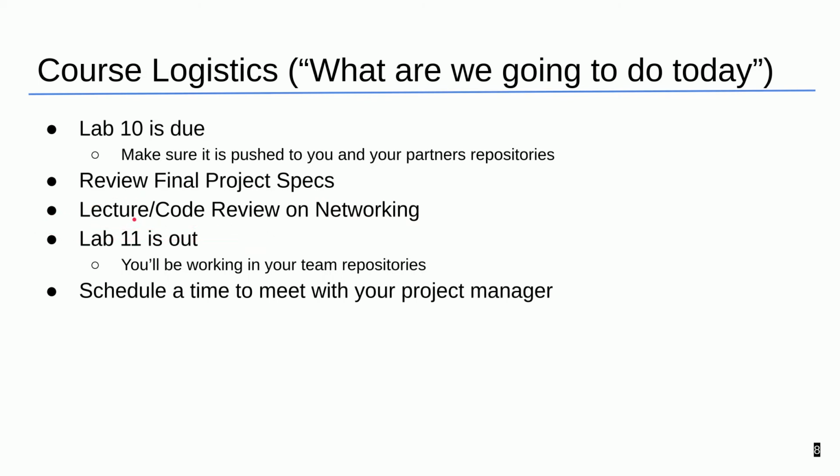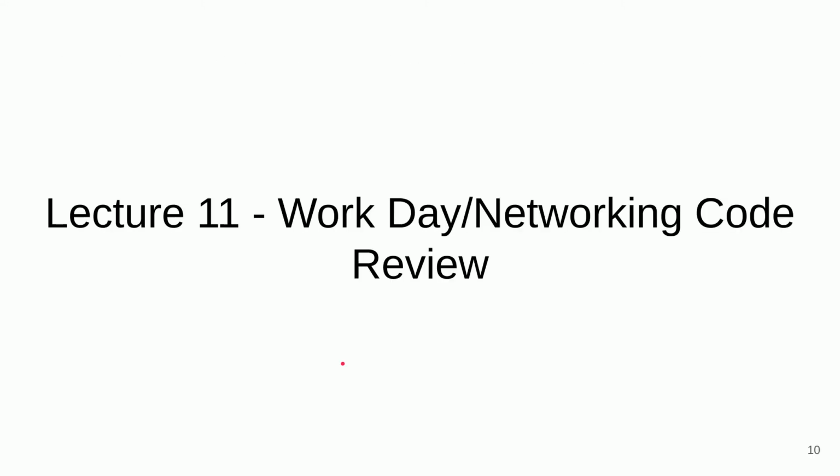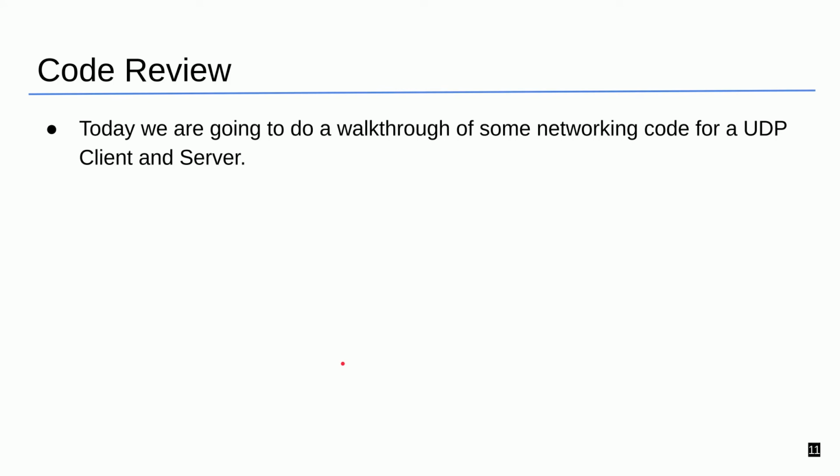Again, today's just a really quick lecture, and I'm just going to talk about the code for the lab on networking and how to start thinking about separating it out. You'll have some sample networking code to look at, which will be Lab 11. We'll do a quick code walkthrough of some networking code for a UDP client and server.